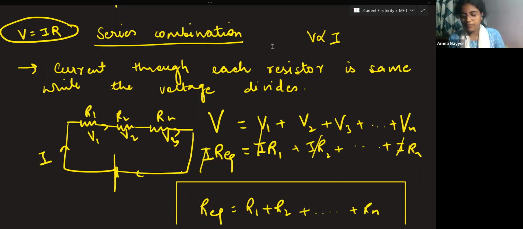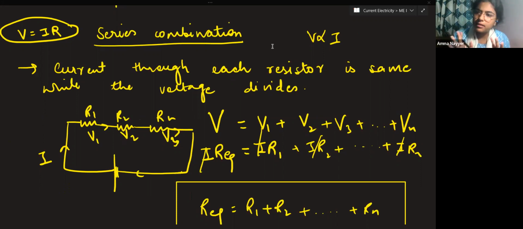For example, this was a wire that I had, and in between I had connected a resistor. So what happens? Potential at this edge and potential at this edge changes. Because of any device, the potential changes, be the device an inductor, a capacitor, or a resistor.